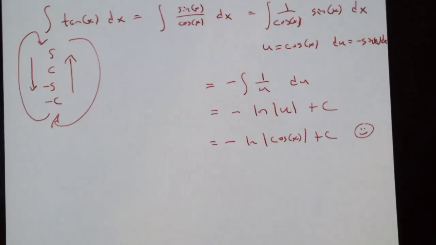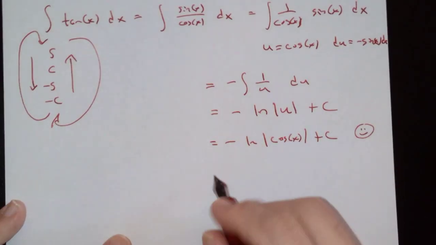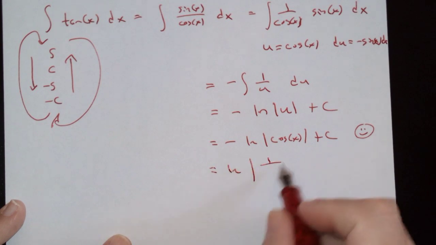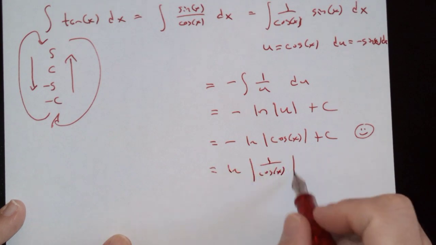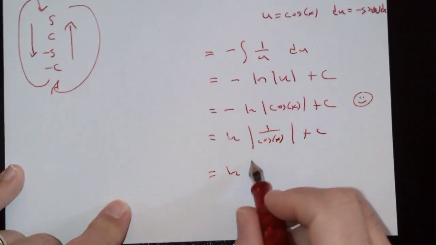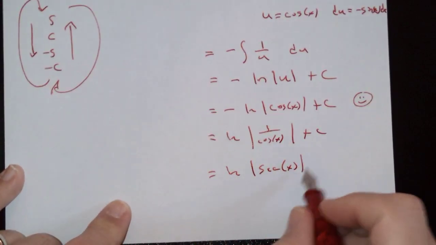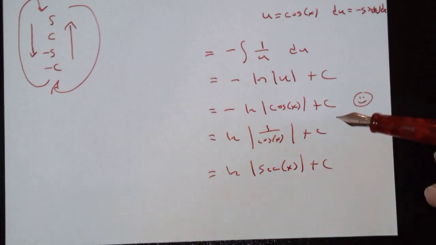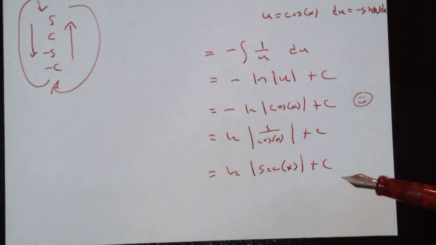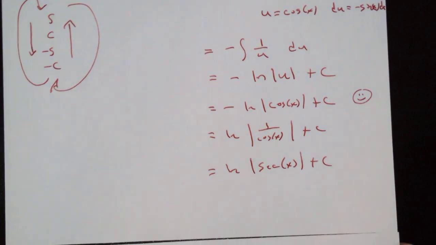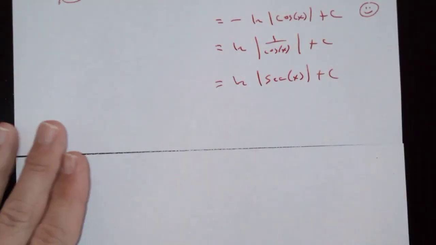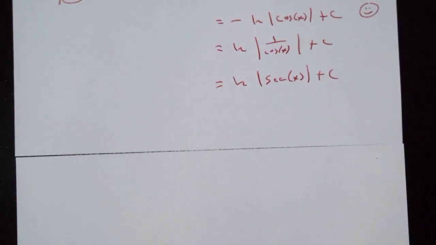So really, by moving this inside, we get this as ln of secant of x. I'm perfectly happy stopping here, but the book actually had this answer in the back of it. Questions?